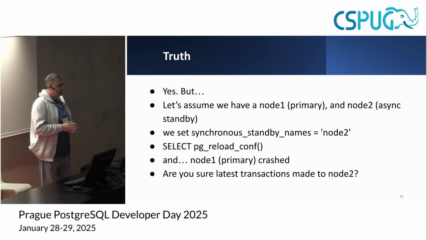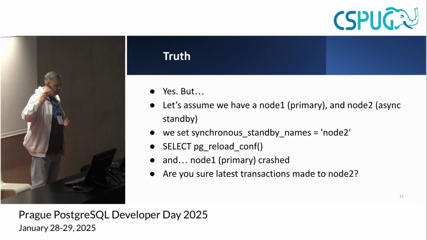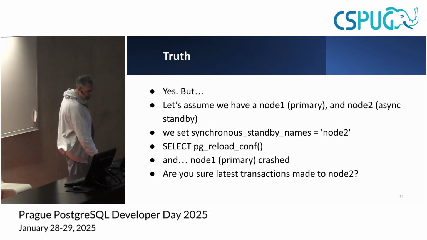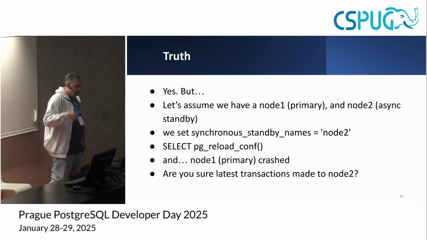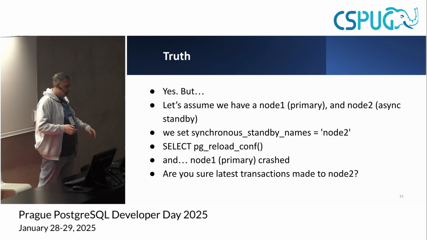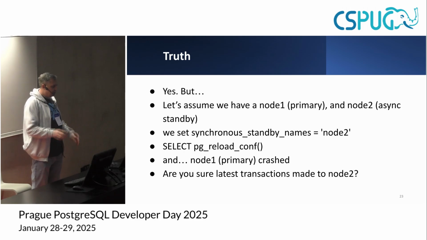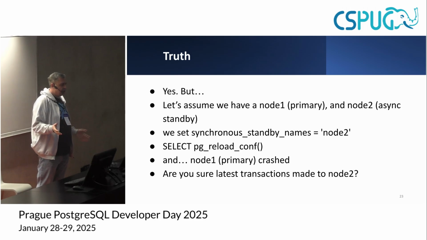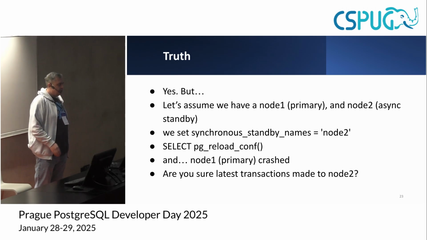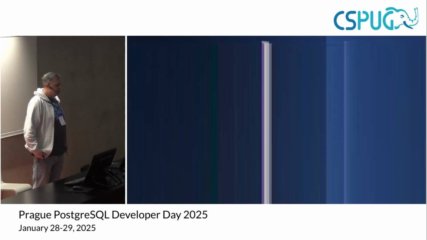Let's assume a situation. We have a primary, node 1, and node 2, which is right now an asynchronous standby. We change the synchronous_standby_names parameter and set it to node 2. We call pg_reload_conf to reload the Postgres configuration. And suddenly, right after pg_reload_conf, our node 1 crashed completely. Do you think the latest transactions made it to node 2?